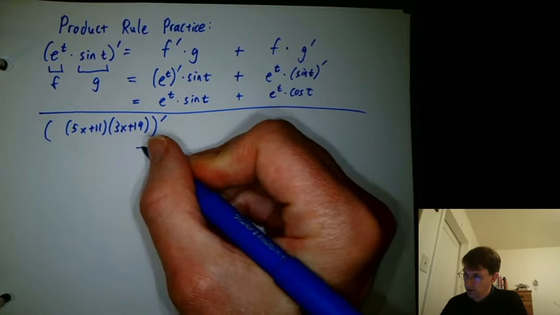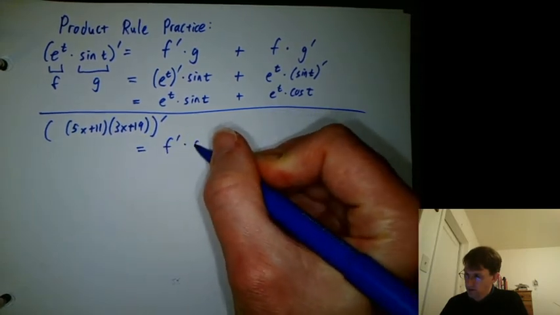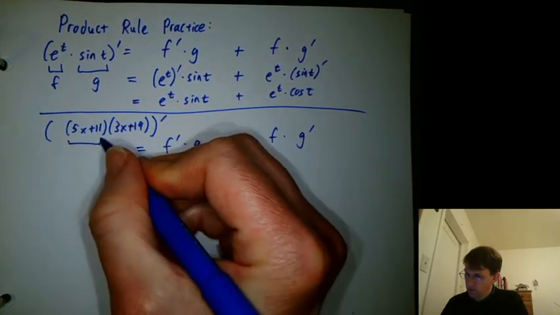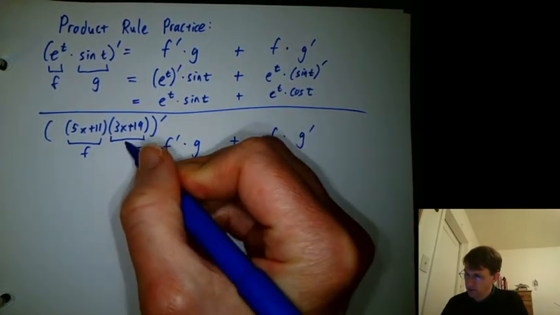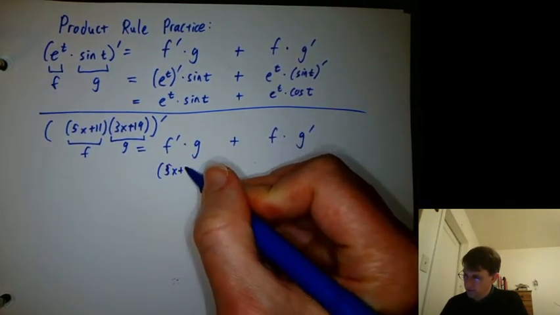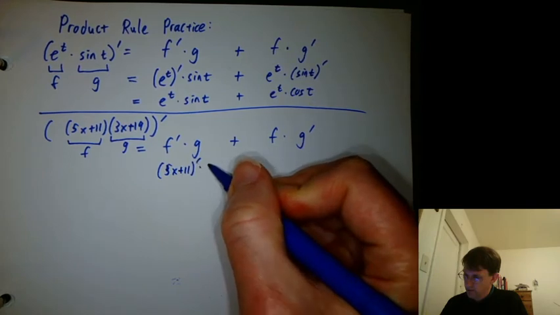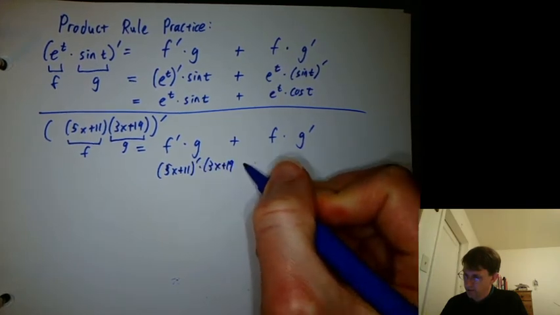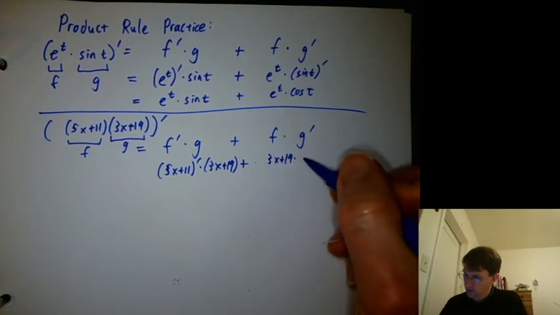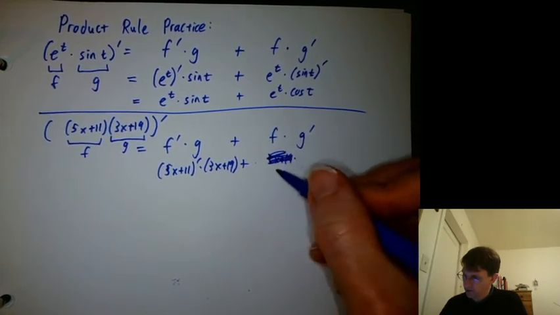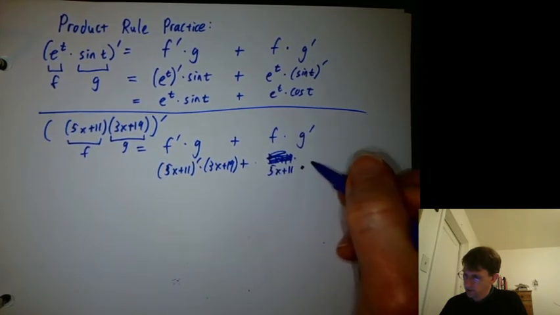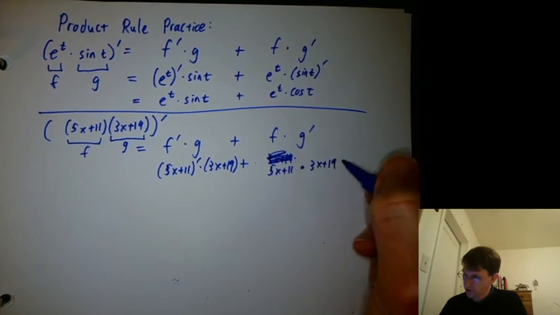Okay, welcome back. So again, I'm going to write out f prime g plus f times g prime. And I'm thinking of this part as f and this part is g. So that's 5x plus 11 prime times 3x plus 19 plus 3x plus 19 times, oh, mixed up, that was f. 5x plus 11 times 3x plus 19 prime.